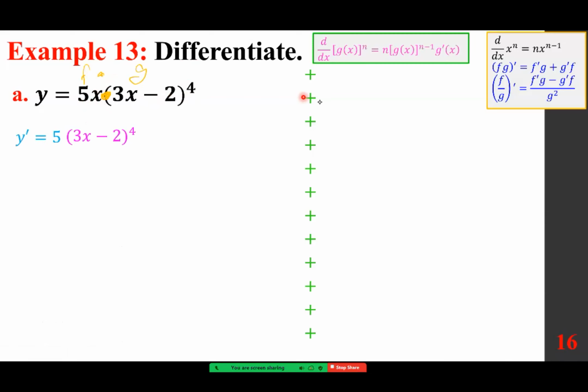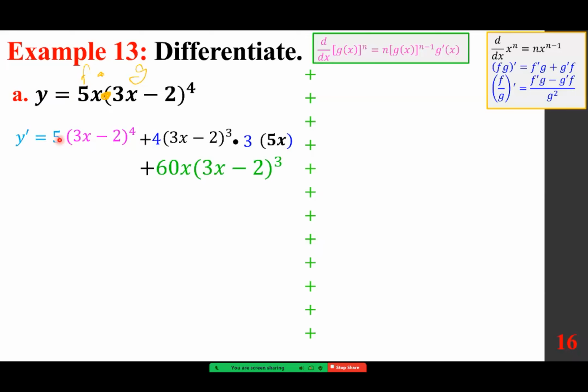The derivative of g is 4 times this to the power of 3, then times 3, and finally times f, or 5x, and we are done with calculus. As you can see, 4 and 3 and 5x, the product is 60x.